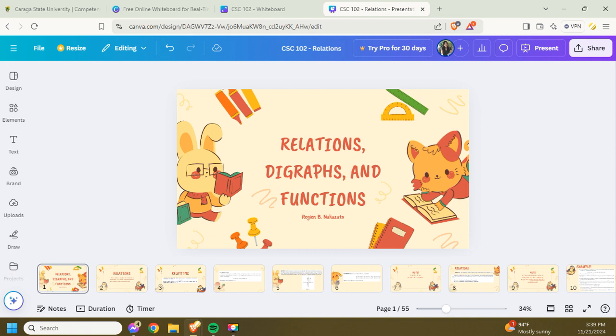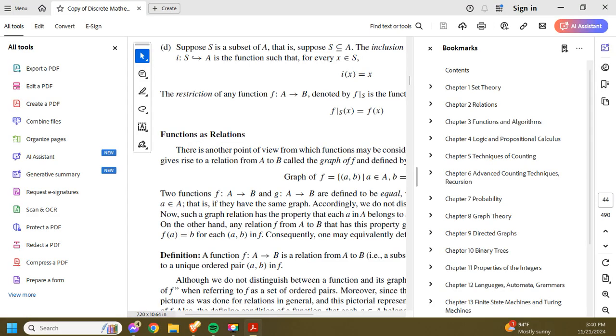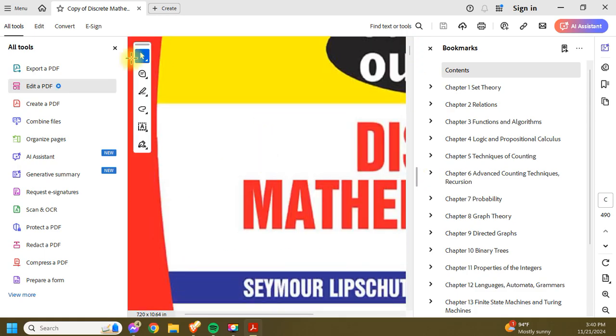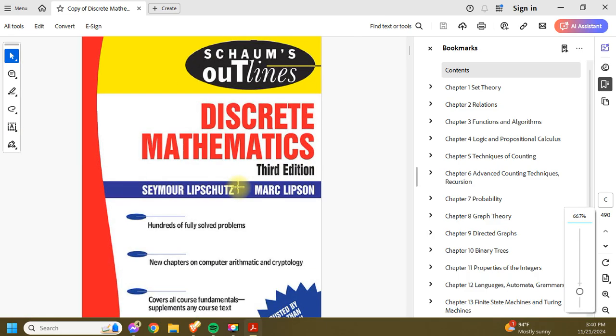Also, for those who want to self-study, I'm using this book from Seymour Lipschutz and Marc Lipson.